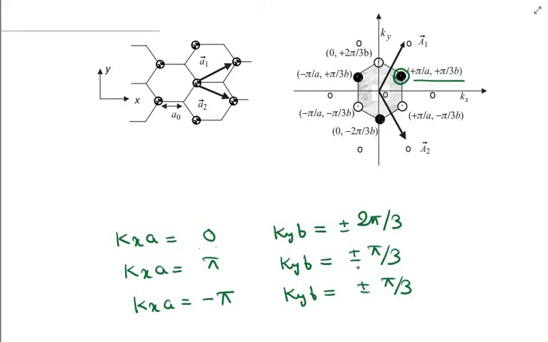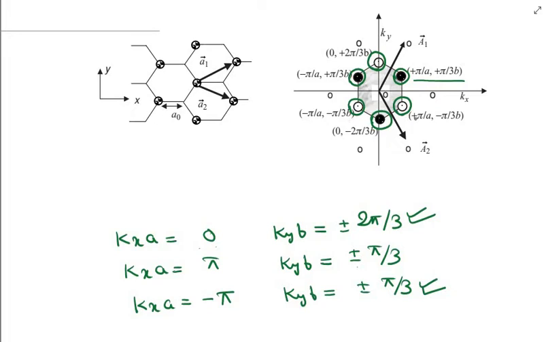The second point from this set is this point over here. Similarly for this set over here, 1 point is given by this, and the second point, that is kyb equal to minus 2 pi by 3, is given by this point over here. And similarly from the third set, 1 point is this point, and the second point is this point over here.